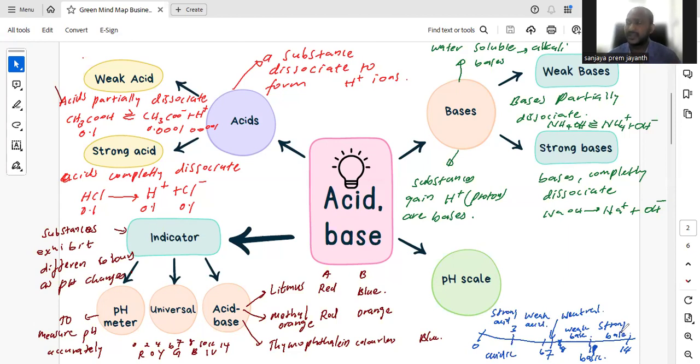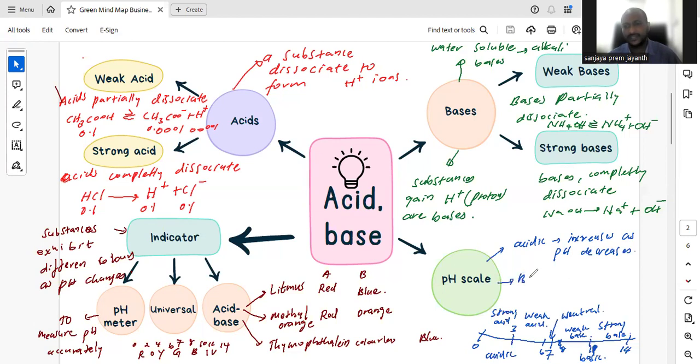Using the pH scale, you can identify acidic or basic nature. And remember, look here, pH 0, 1, 2, 3 are strong acid. When it's going down, it becomes more acidic. The acidity increases as pH decreases.